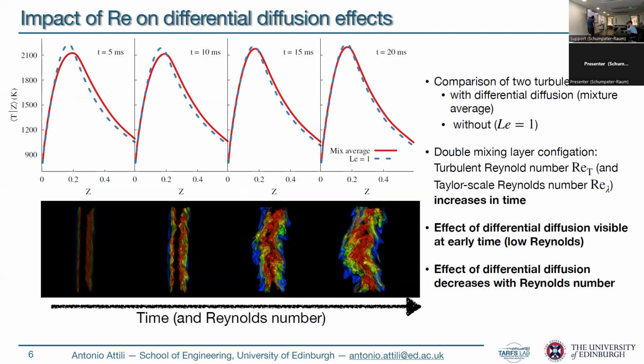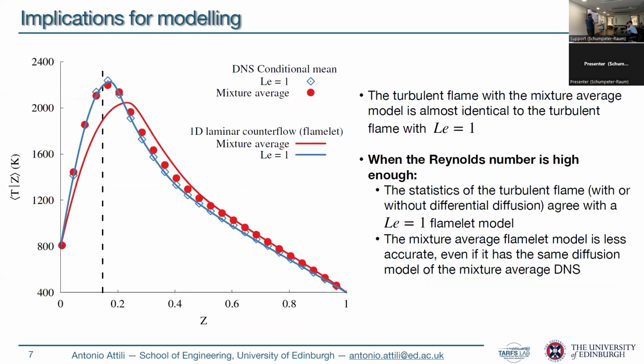I mean, you might think that this difference between the two cases are fairly negligible, but if you try to learn something about this, for example, in terms of modeling, you realize that you have to be careful. So the dots here, the two colored dots, are the two DNS, the two turbulent flames. As I said, when the Reynolds number is high enough, they coincide, right?